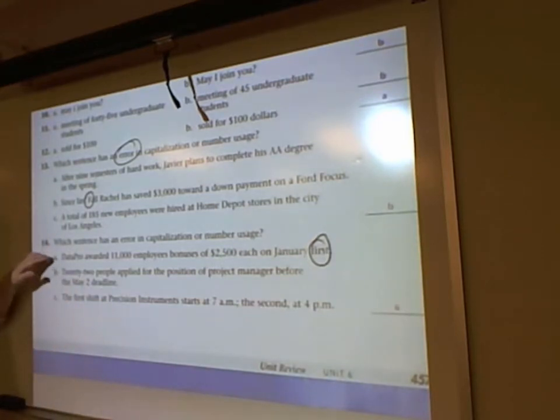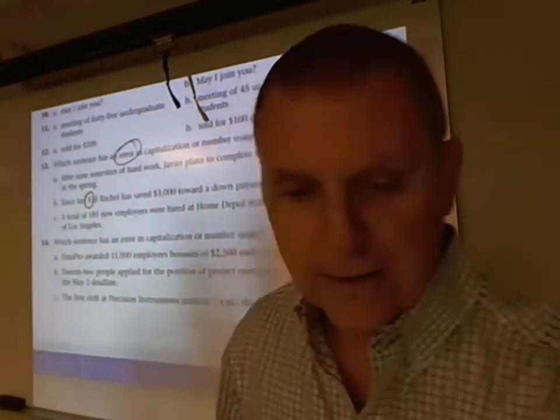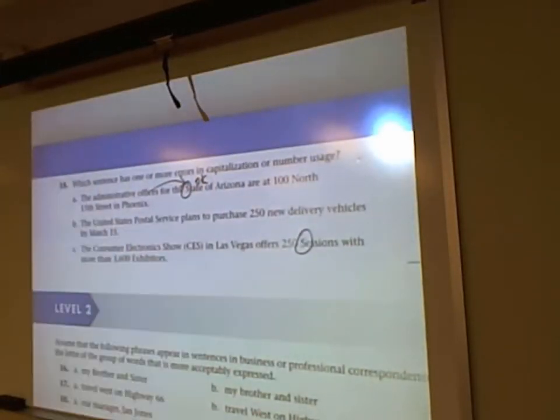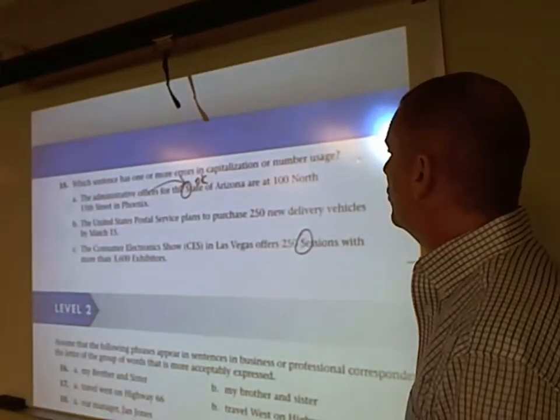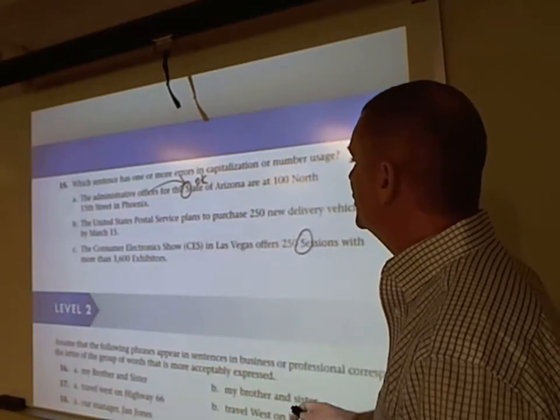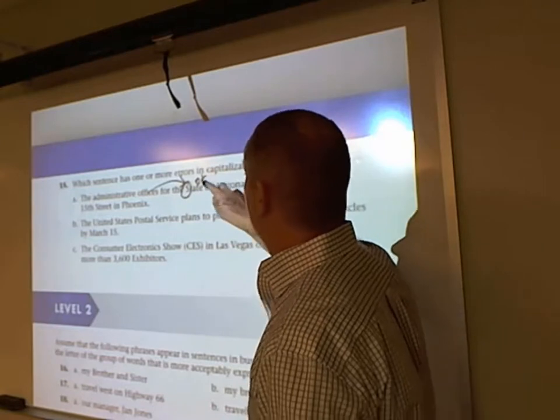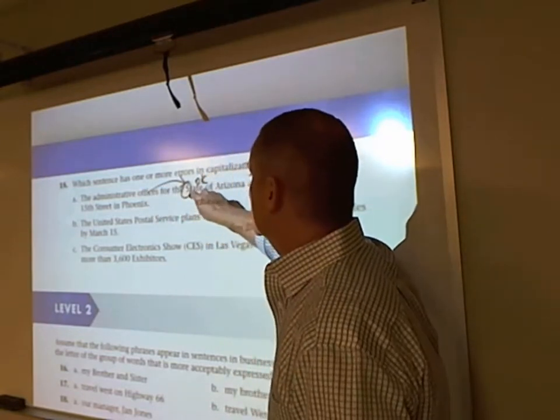Okay, number 15. Which sentence has one or more errors in capitalization or number usage? The administrative offices for the state of Arizona, there it's talking about the state of Arizona administrative offices.